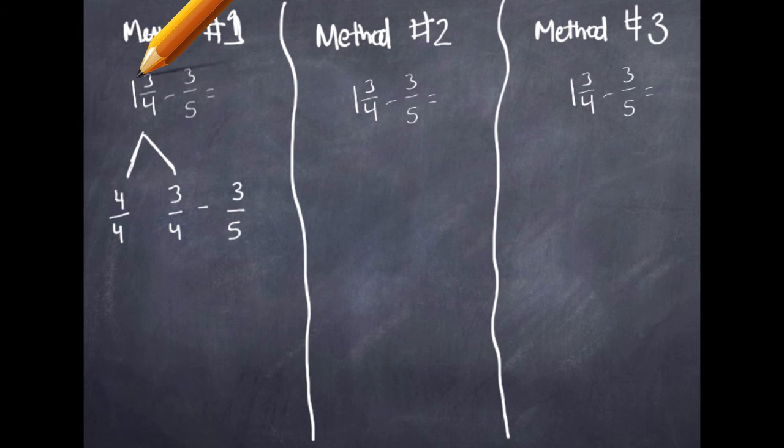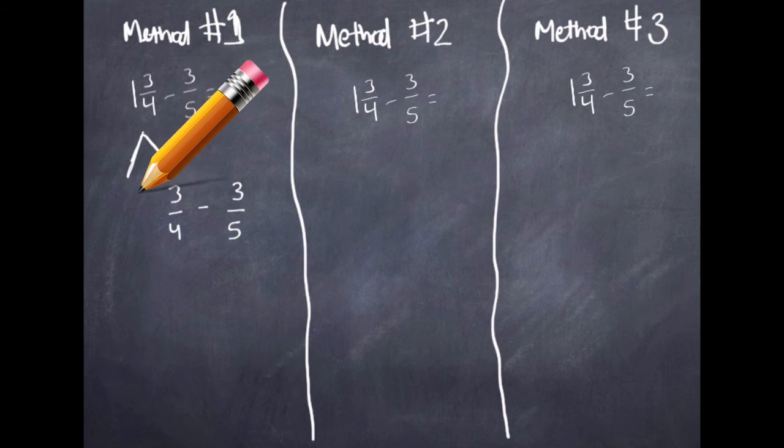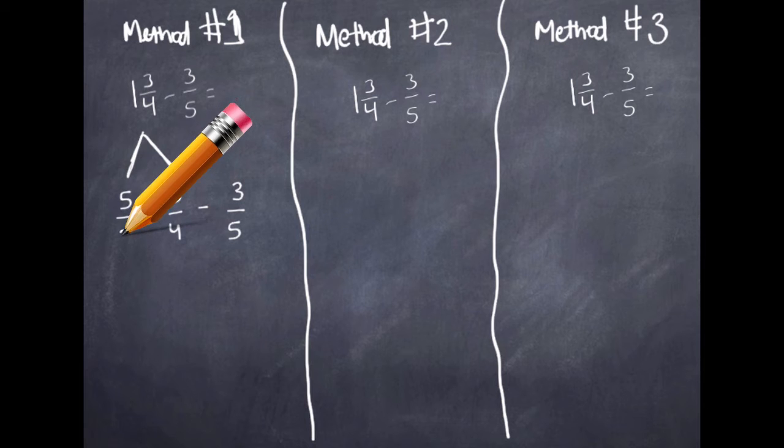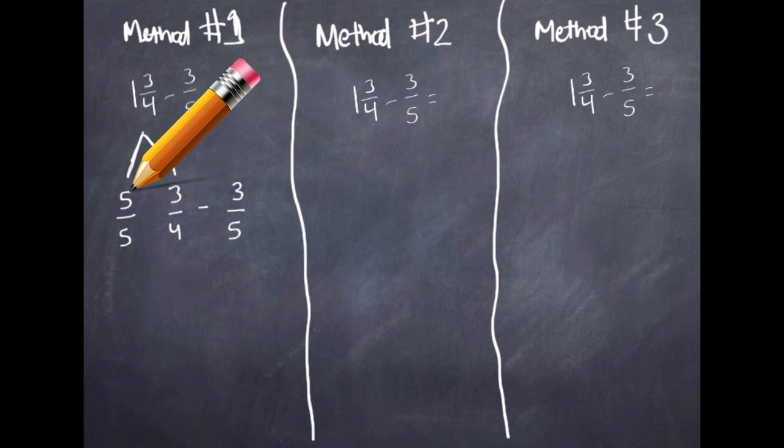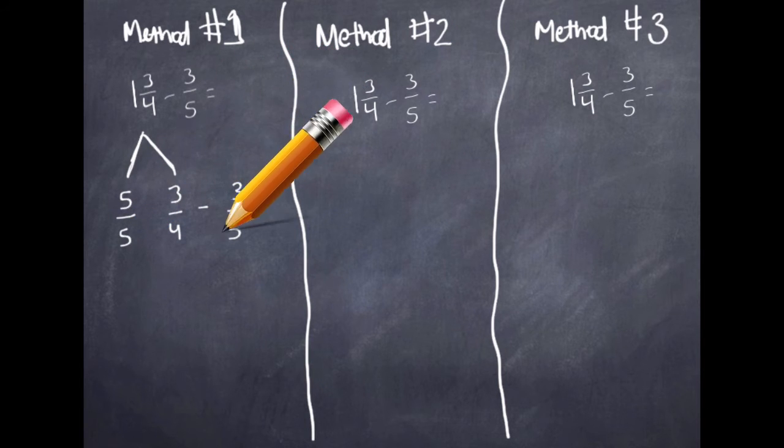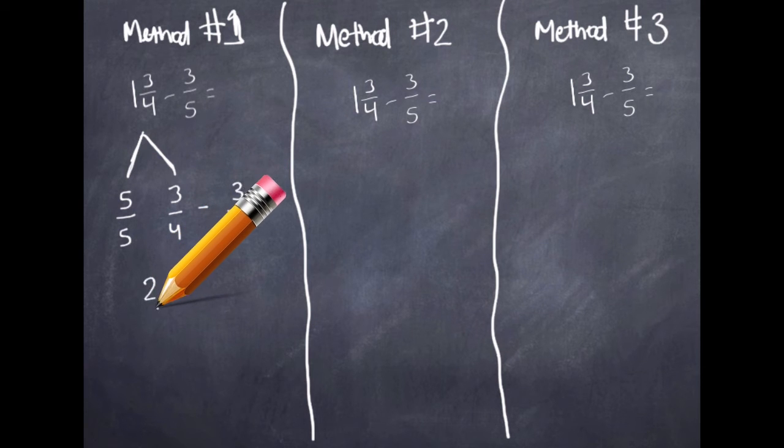Would that be the same thing? Yeah, it totally would, right? And then I could have those units the same right off the bat. I wouldn't even have to do anything else. So instead of thinking of it as 4/4, I'm going to think of it as 5/5. And now I can do 5/5 minus 3/5, which would give me 2/5.